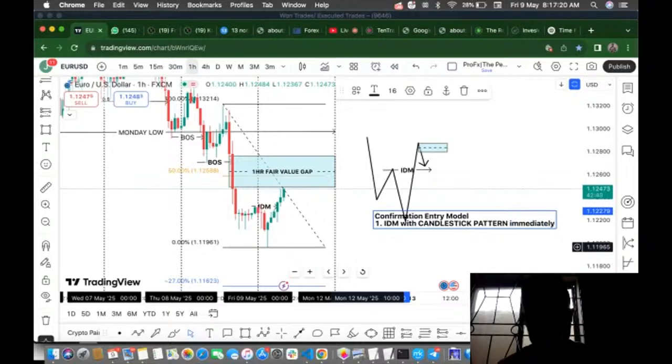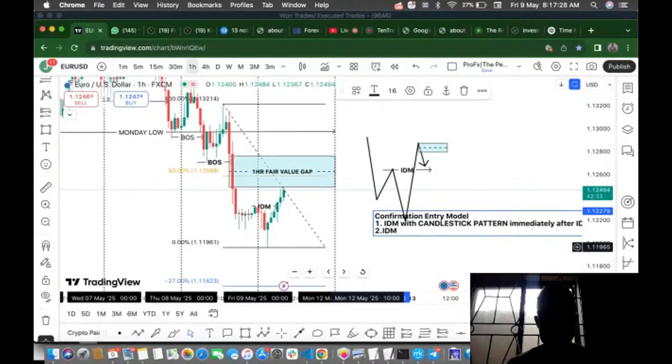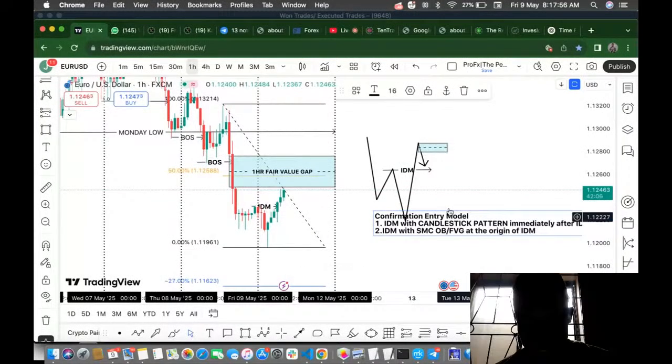Very important. Then two: IDM, OB or FVG as the origin of IDM. So this is my confirmation entry model.